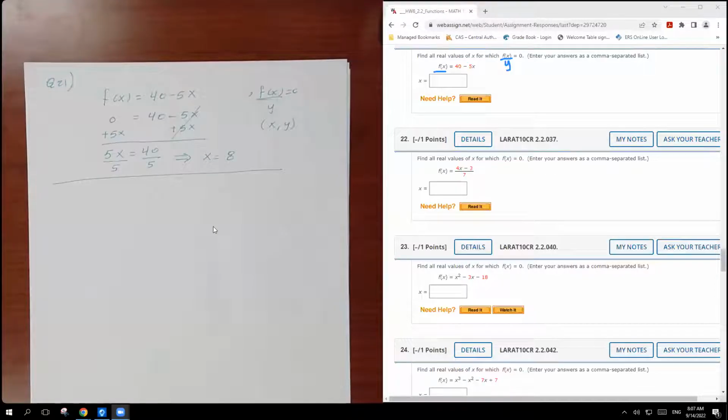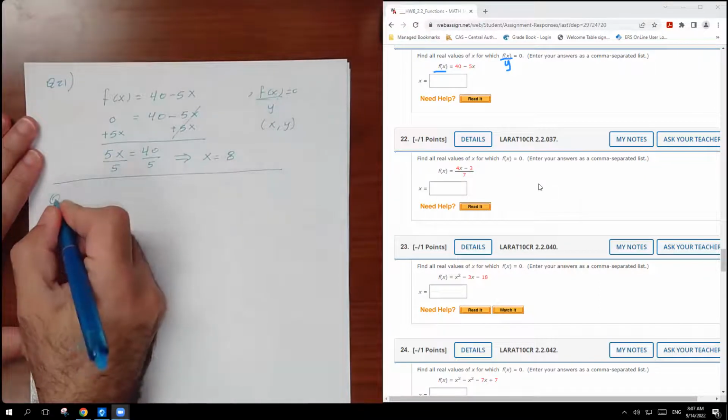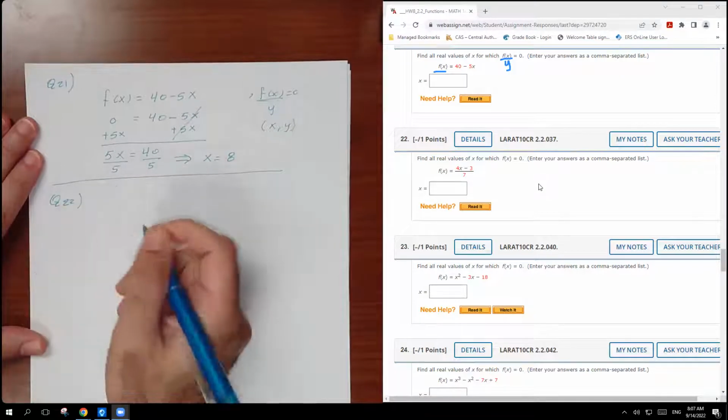Exactly the same thing with the 22. Find a real value of x, which f of x equals 0. So we're going to do exactly the same thing, but now this part, it's like rational equations. How are we going to solve that? So question 22, you're going to do exactly the same thing.